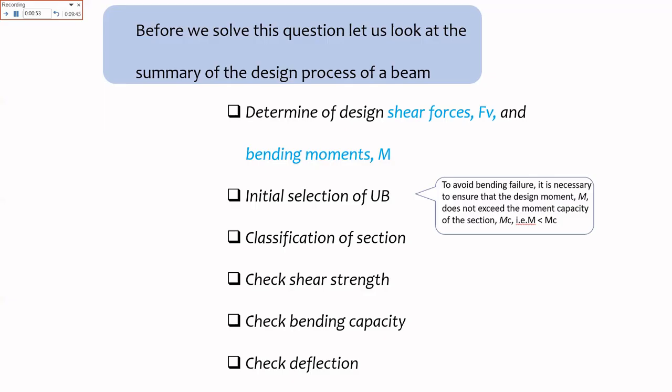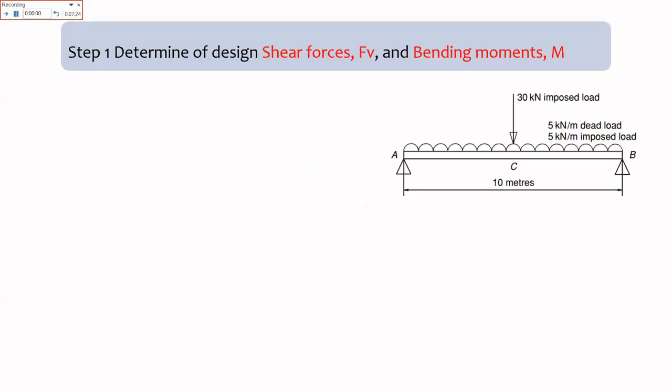Let's start with the first stage, calculating the shear force Fv and bending moment M. The design load is given by the formula 1.4 Gk plus 1.6 Qk. 1.4 and 1.6 are the partial factors of safety.